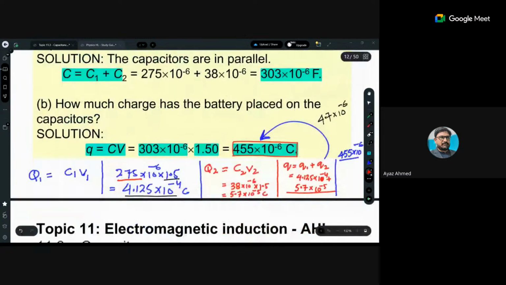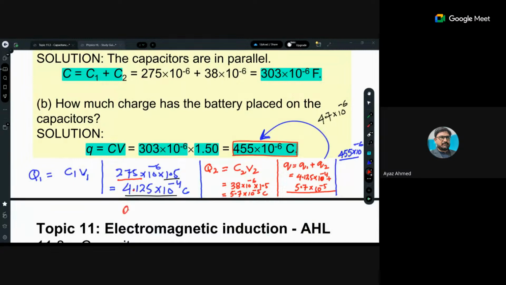So individual charge I got 4 point. Can you write this as 41.3 into 10 raised to the power minus 5 plus 5.7 into 10 raised to the power minus 5?